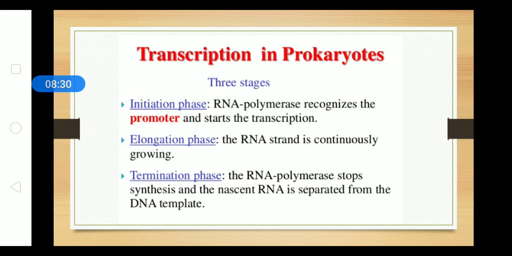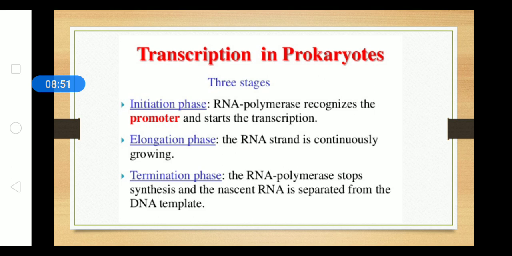Transcription in prokaryotes. Similarly to replication, transcription in prokaryotes has 3 stages: the initiation, elongation and the termination. In the initiation phase, the RNA polymerase recognizes the promoter, or you can also say the initiation site, and starts the process of transcription.